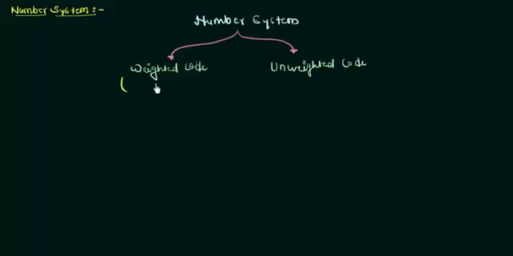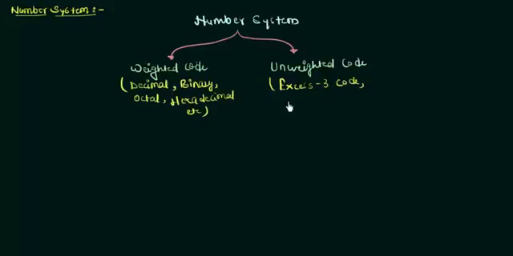If you see the weighted code, then the examples are decimal number system that we use in our daily life, the binary, octal, hexadecimal, etc. Okay, if I write the example of unweighted code, then it is your XS3 code, your gray code, etc.